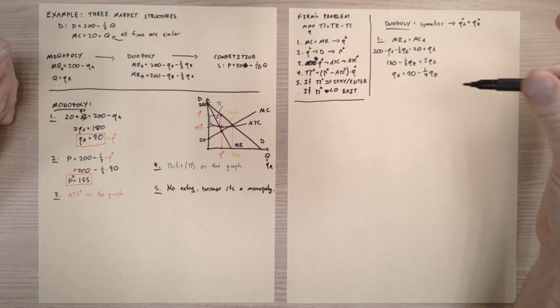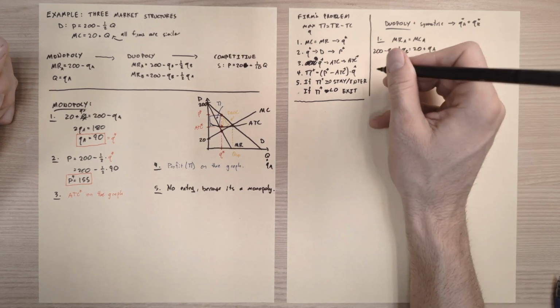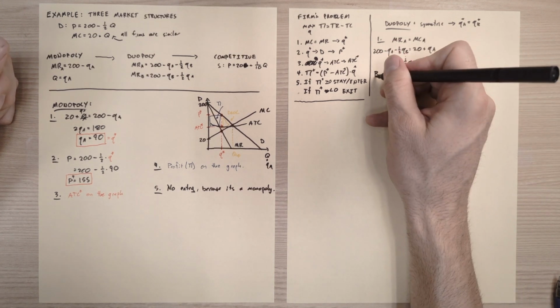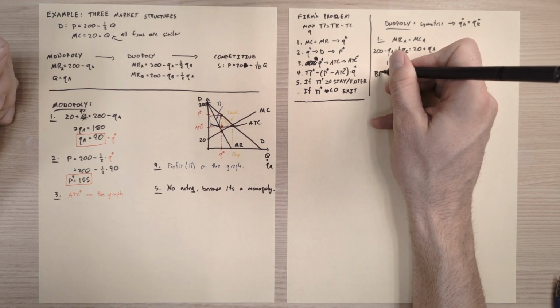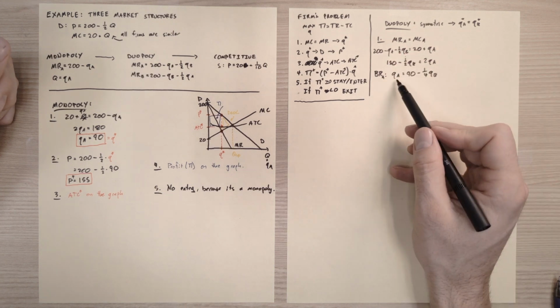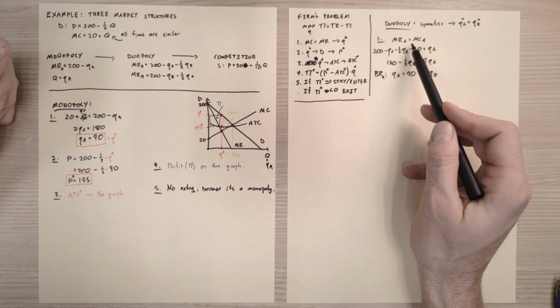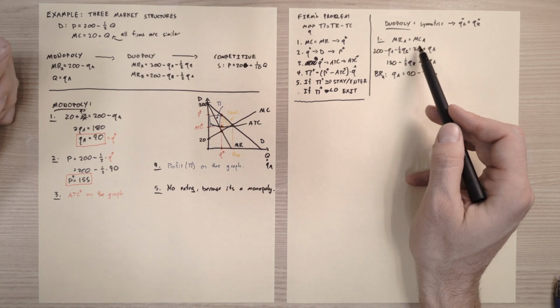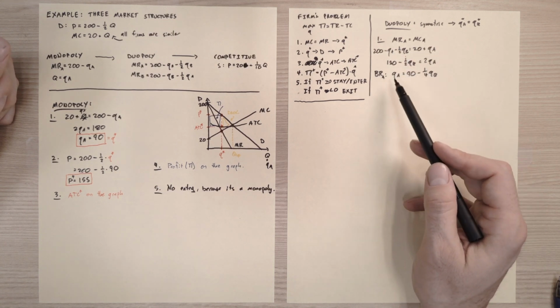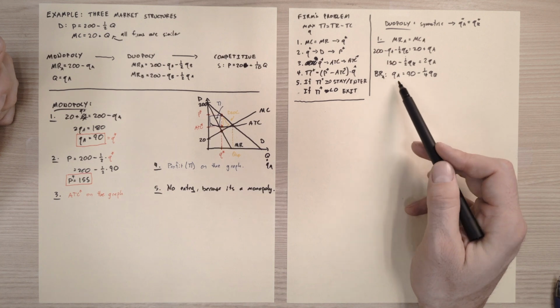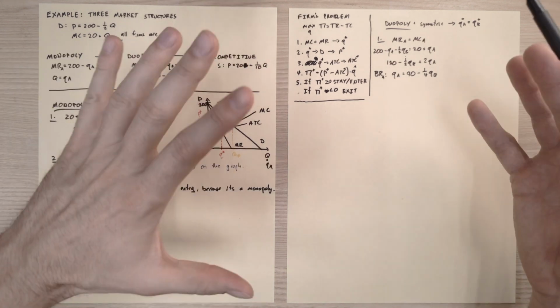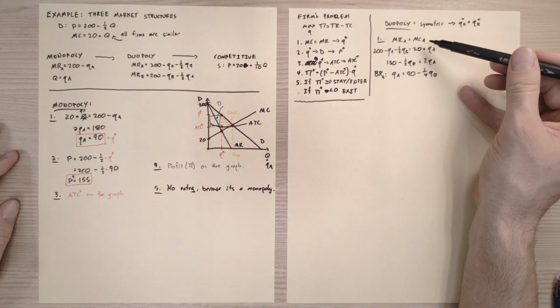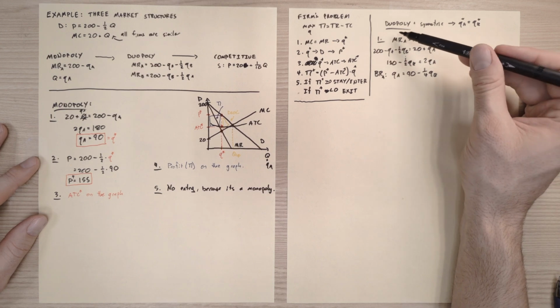This thing is the best response for firm B. I'm sorry, for firm A. So best response for firm A is this thing. You can tell this is the best response for firm A because we've optimized firm A's quantity. You could rearrange this so that B is the Y variable, but it would still be the best response for firm A. And the reason is because we've optimized for firm A.